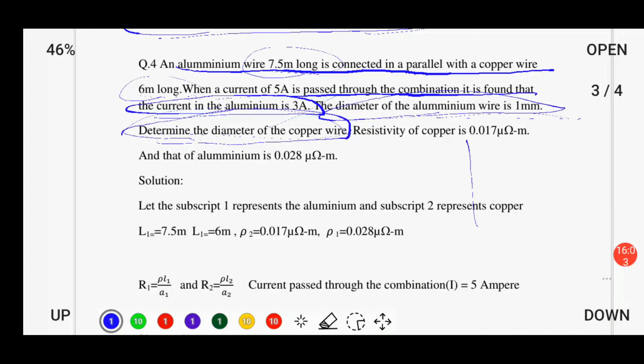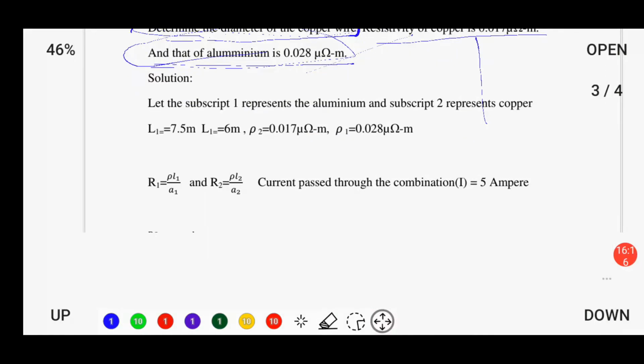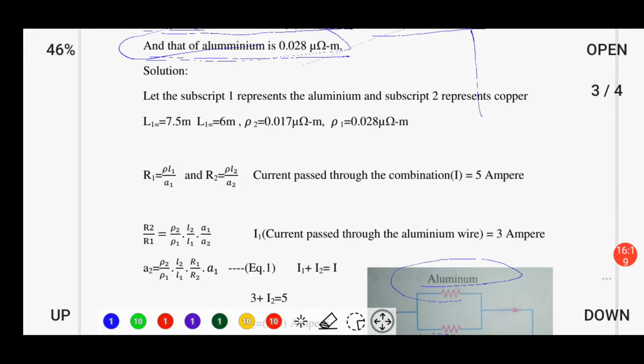The resistivity of the copper is given as 0.0171 micro ohm meter, and that of the aluminum is given as 0.028 micro ohm meter. Now let's use all these in solving the question. Now let's move towards our solution.